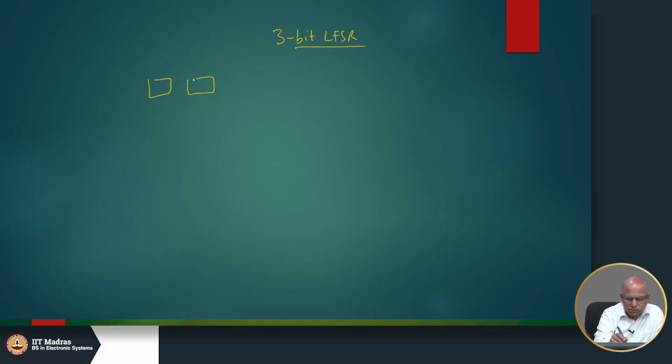If you recall, this was our Fibonacci LFSR. We used to call these 0, 1 and 2, and this is x square and x cube. So, 1 plus x square plus x cube. We already know how this works, right.